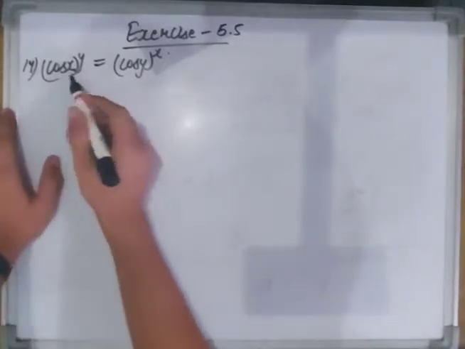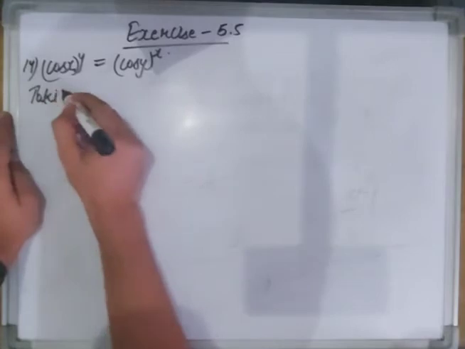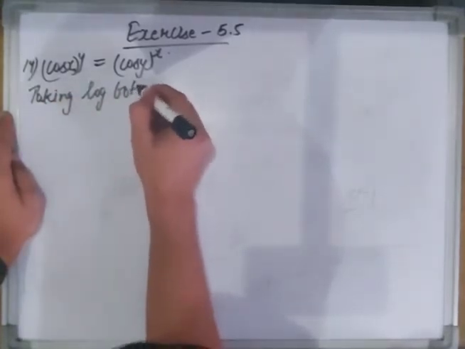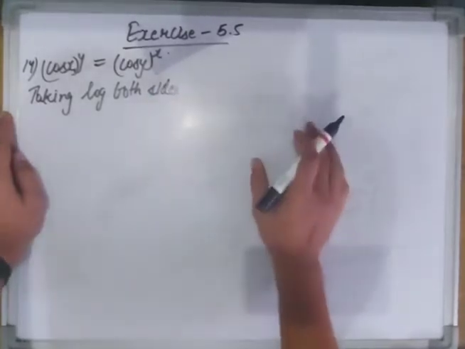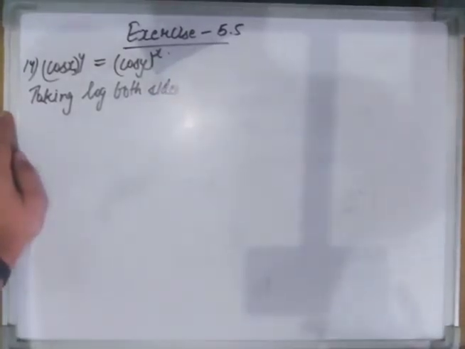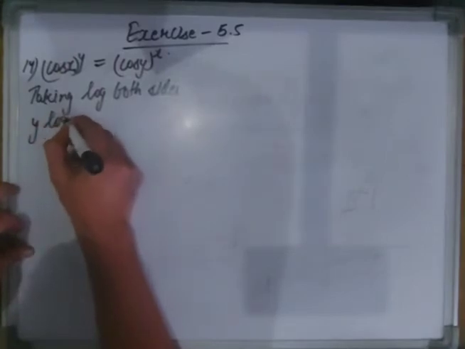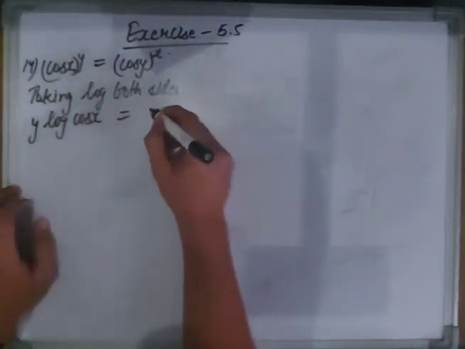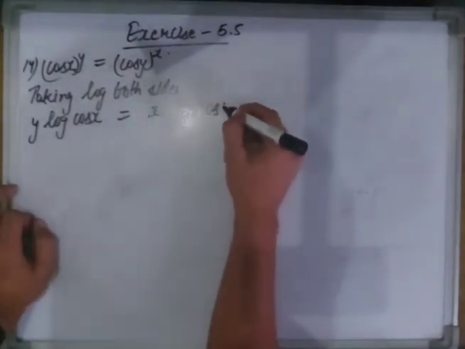Taking log both sides, we have y log cos x equals x log cos y.